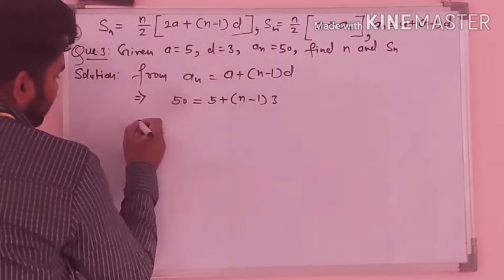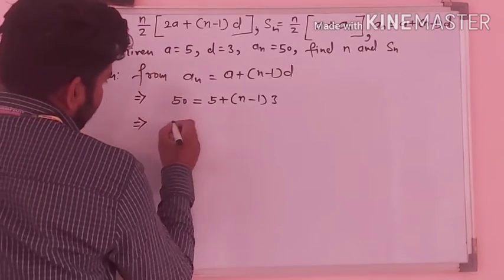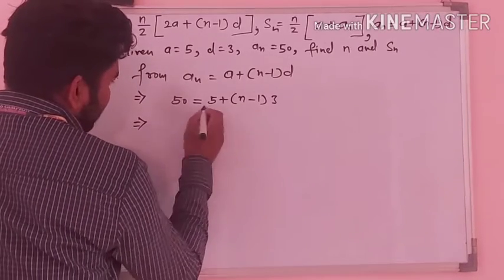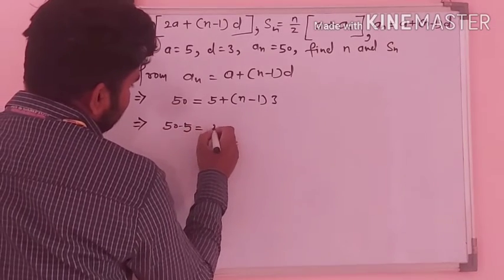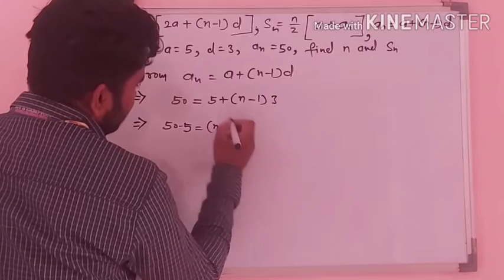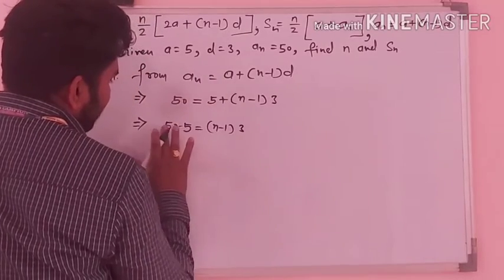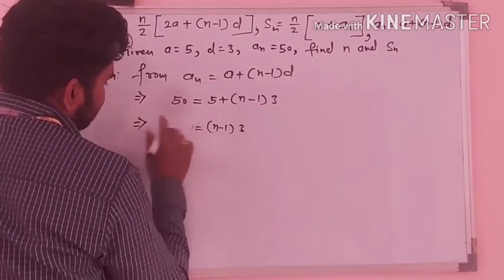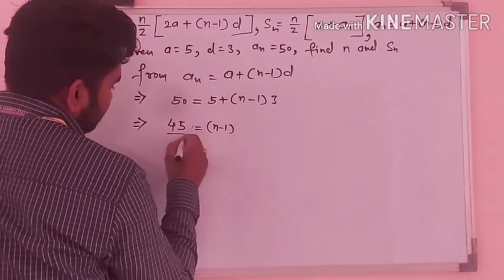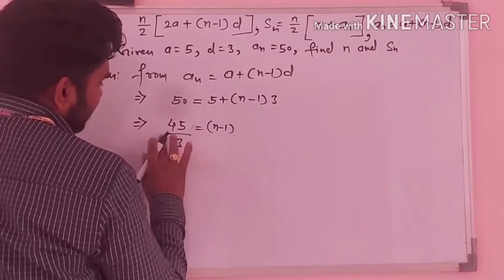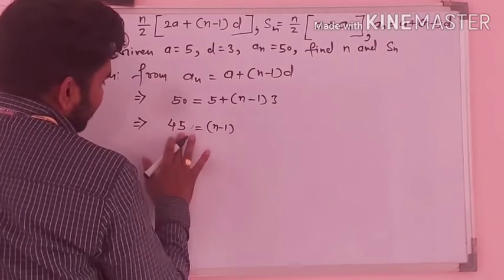So directly put the values and get the value. Okay, 50 minus 5 is equal to n minus 1 times 3. That means we can write here 45 divided by 3. We write this 3 here, okay, so this becomes 15.